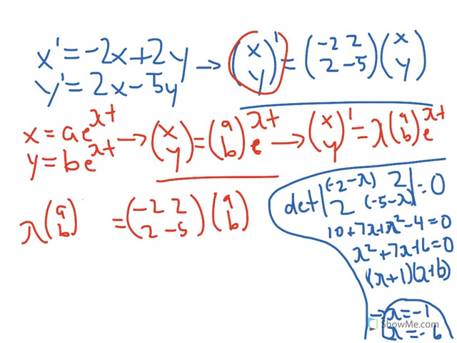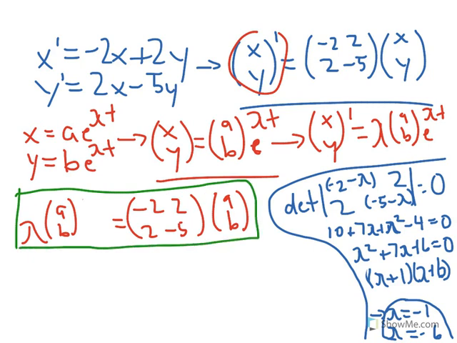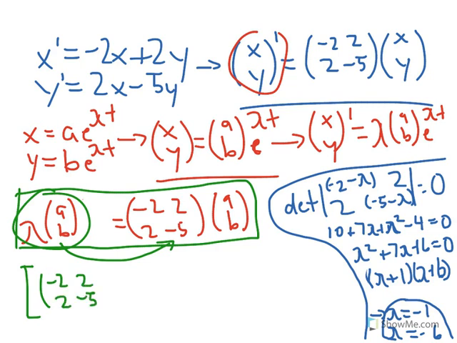Now the second way to think about this, once we're at this step, we can bring the left side over, and we can factor out the (a, b) vector to get [-2, 2; 2, -5]. Remember, we factor out the (a, b) vector, and then we'd be subtracting lambda.